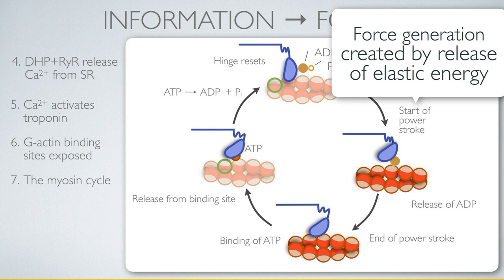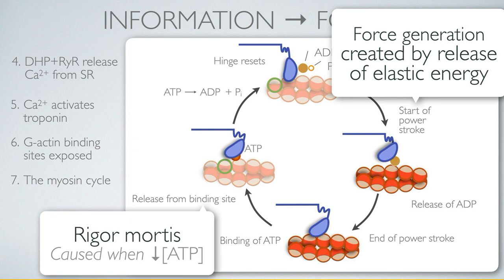Another thing that's interesting is rigor mortis. So when somebody dies, their body very quickly becomes quite rigid. And that can be explained with respect to the myosin cycle, because that rigidity occurs because the myosin heads in all the skeletal muscles of the body fail to dissociate with those binding sites on the thin filaments.